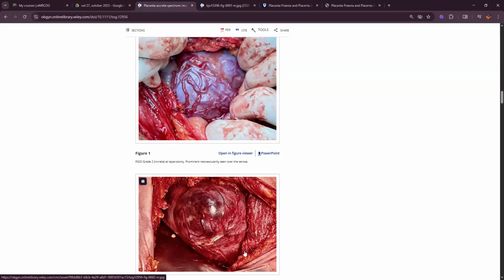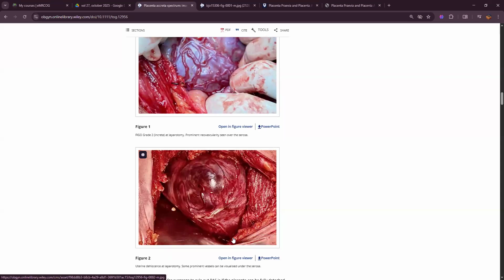But what is this? It does not look like the varicosities that we are looking for. It's like a bulging. I can see the myometrium like someone shredded it or tore it up. You know what this is? This is dehiscence. The placenta is bulging through a tear in the myometrium.